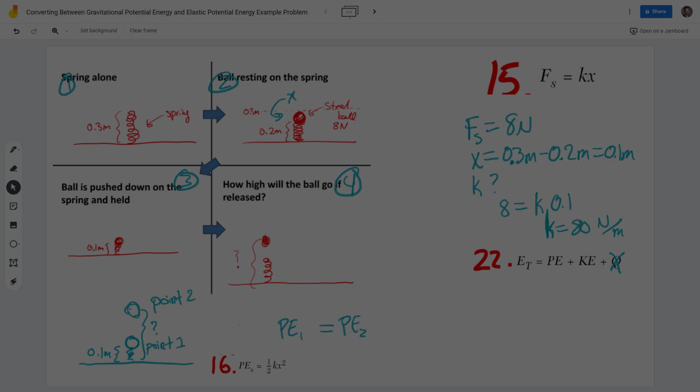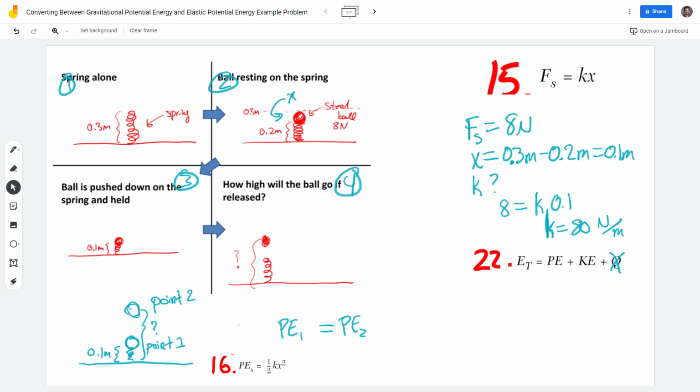Well, it's above the ground for some distance. So the potential energy when it's up in the air is simply equation 19. So we can set these equal to each other. We'll have 1/2 kx squared equals mg delta h.